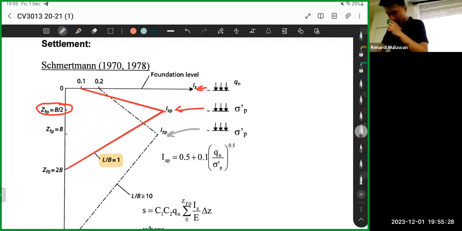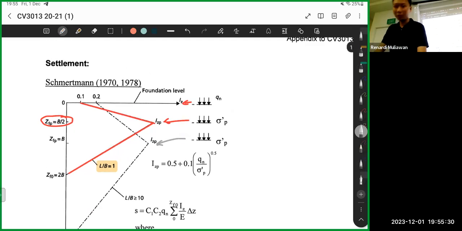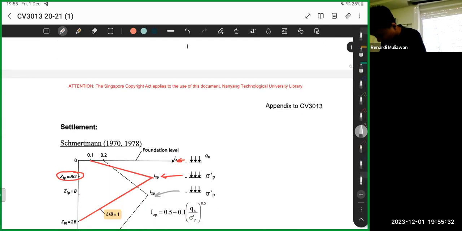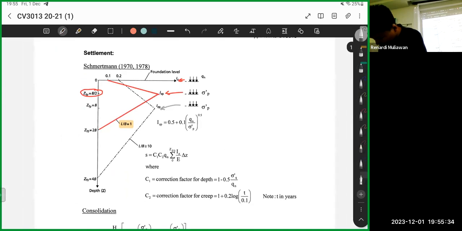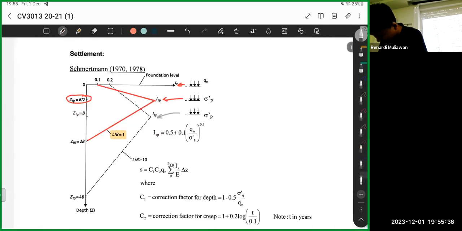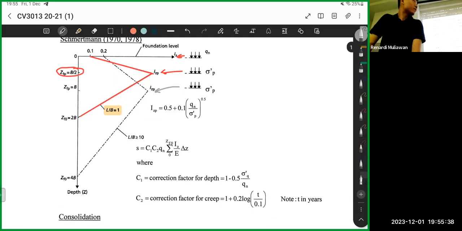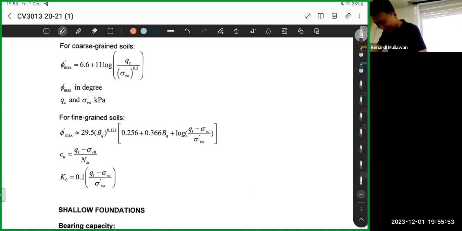So again, that's why you need to know the definitions first. Qn, I think, is the net foundation, net bearing pressure, right? So is it total stress or effective stress?